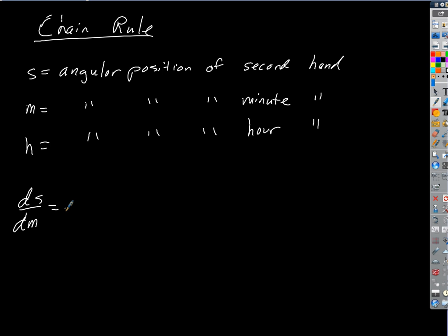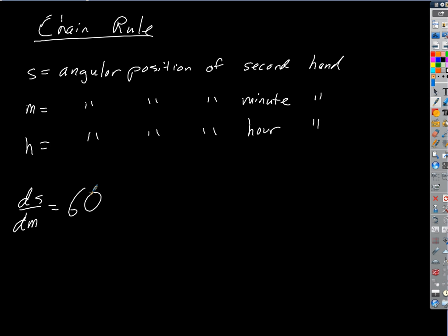It doesn't go around 60 times? Yes, 60 times around for the second hand for each minute hand revolution. Every time the minute hand moves 1 minute, that's 1/60th of a revolution, and the second hand has to transit the clock one time, right? So this is 60.